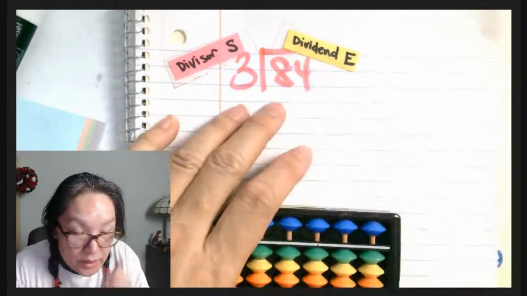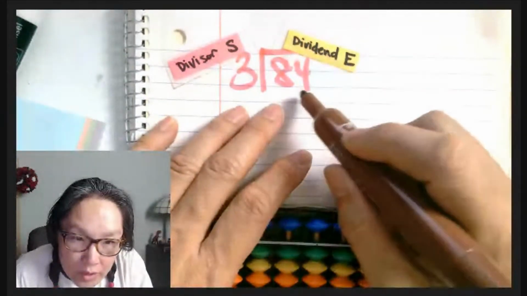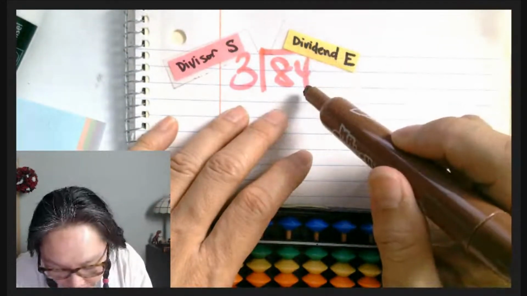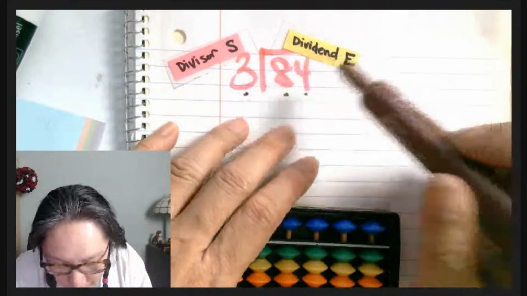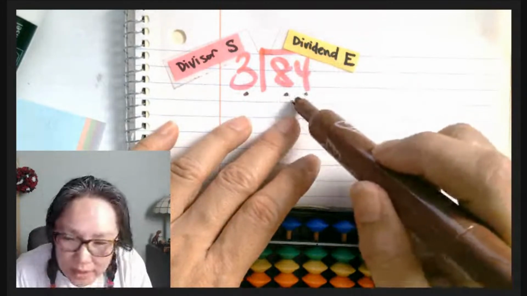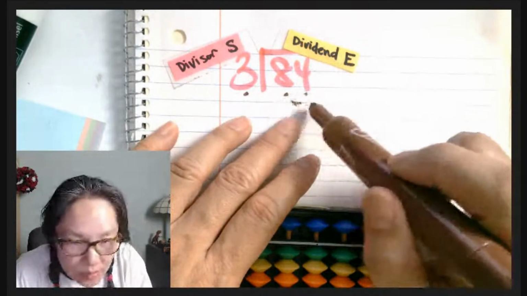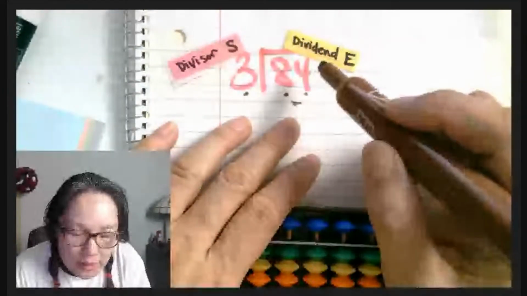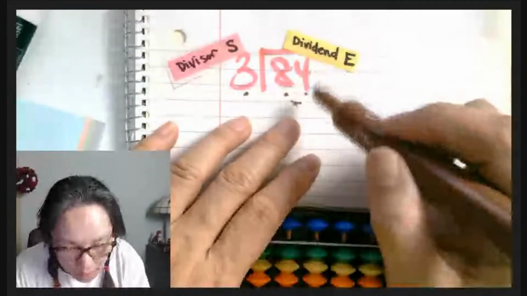The first thing we're going to do is figure out what our starting point is. Our starting point is 2 and then take away 1, because we're doing division. In multiplication we added the numbers; in division we have to subtract our numbers.